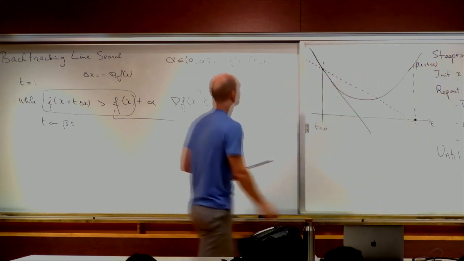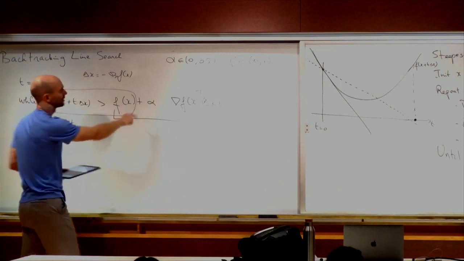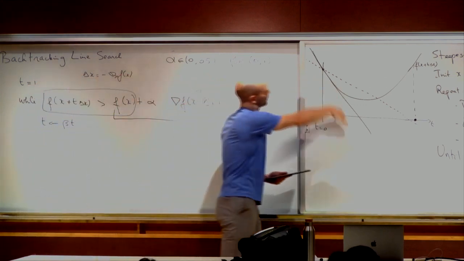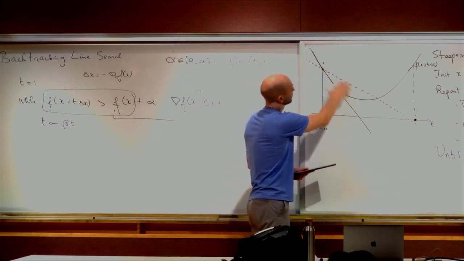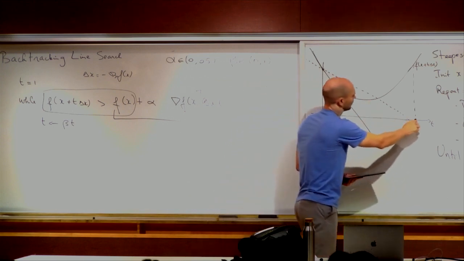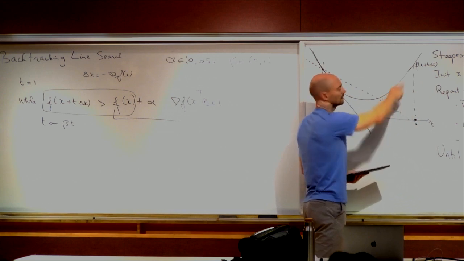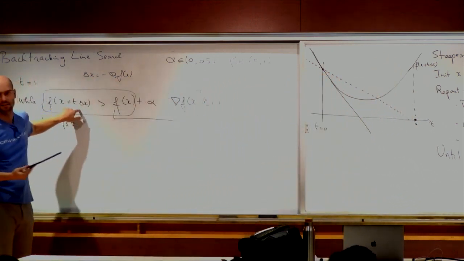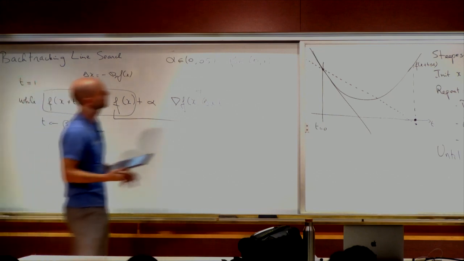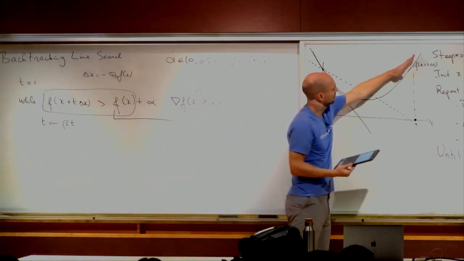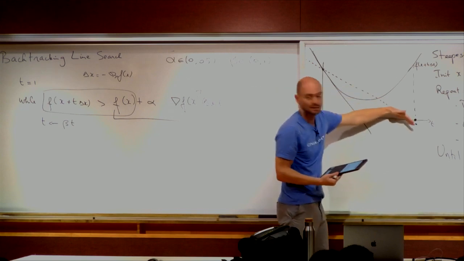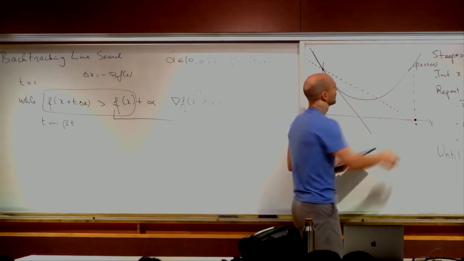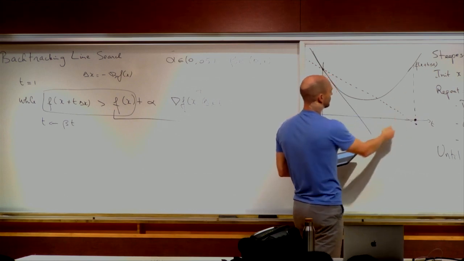That's the point over there. And we're going to compare that with the less steep approximation, this one here, and see which one is higher between the two. Clearly the function f of x is higher over there. So this condition is satisfied and we're unhappy. f of x is higher than what this thing said it should be, so we're going to backtrack, scale t down by some factor beta.